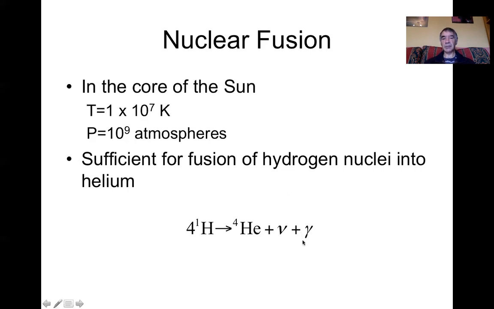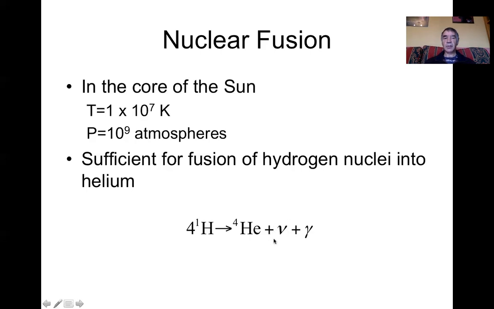So these are just photons, you're producing high energy radiation, and that heats the gas up. And so this all becomes a self-sustaining process in equilibrium. The other symbol here is a Greek nu, and it stands for neutrinos.